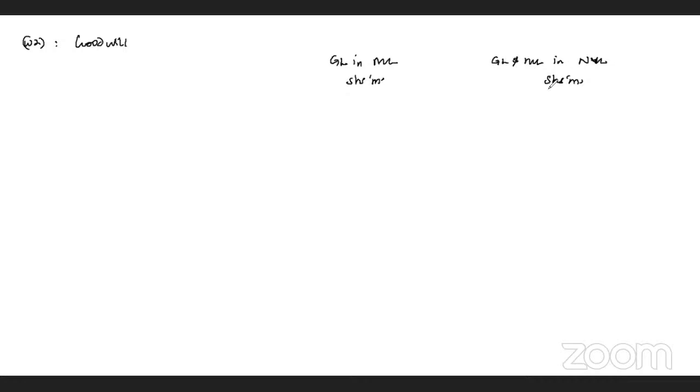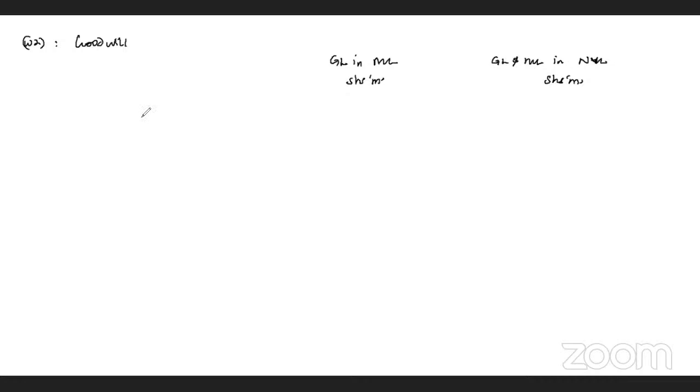Because initially it was 14%, but thereafter it obtained control in NUL through ML. So there is that element of step acquisition, a business combination achieved in stages. You need to know how to deal with business combinations achieved in stages.